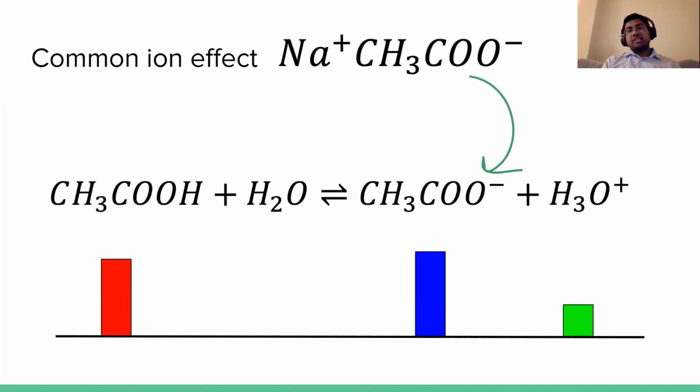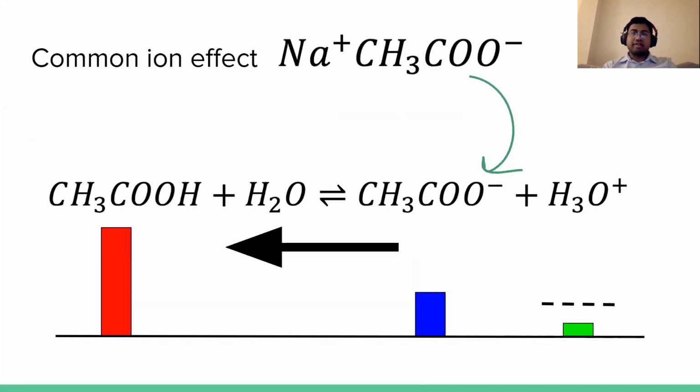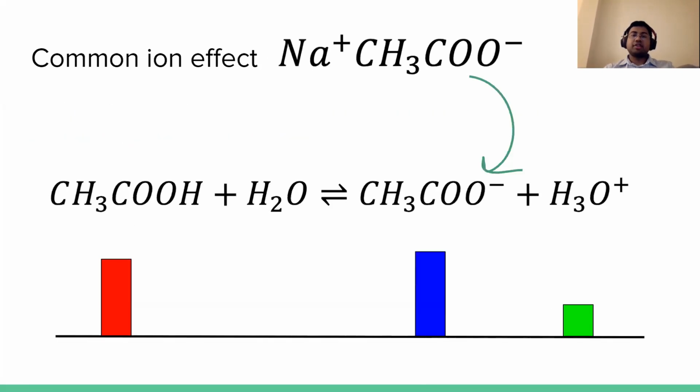Based on Le Chatelier's principle, which dictates equilibrium changes, when there's an excess of a species on one side of the reaction, that can push the equilibrium toward the other side. Acetate is the conjugate base of acetic acid, and if we compare this slide to this one, we see a huge influx of acetate.